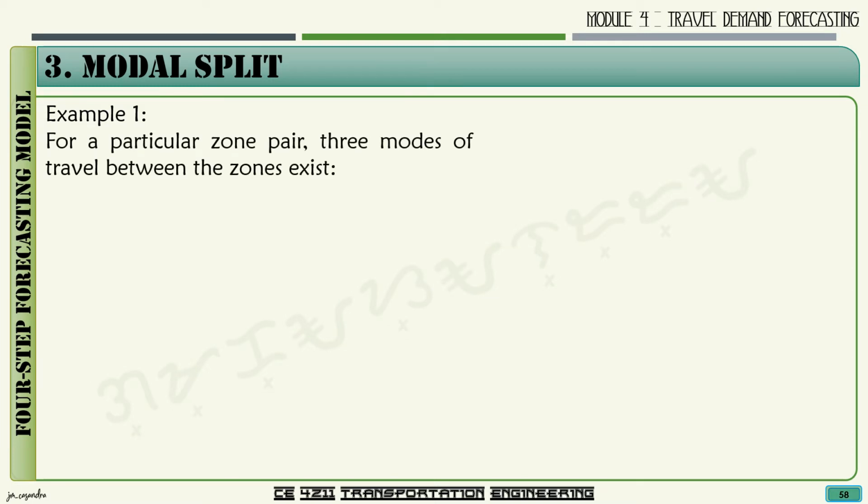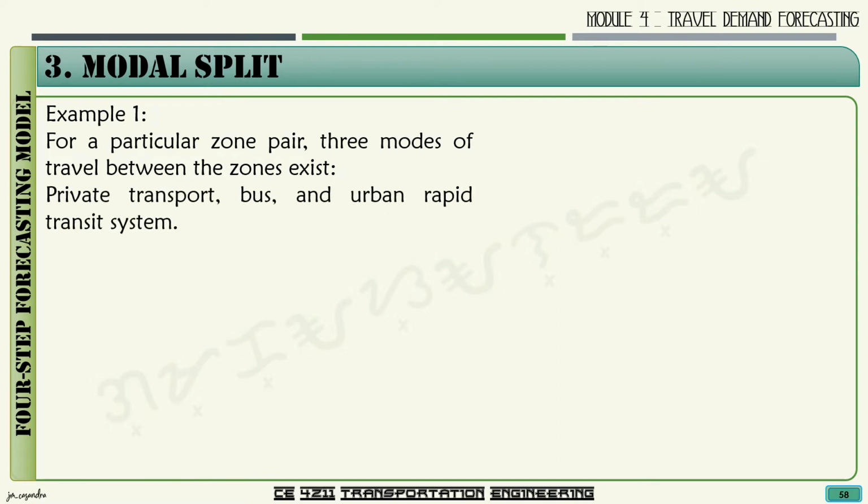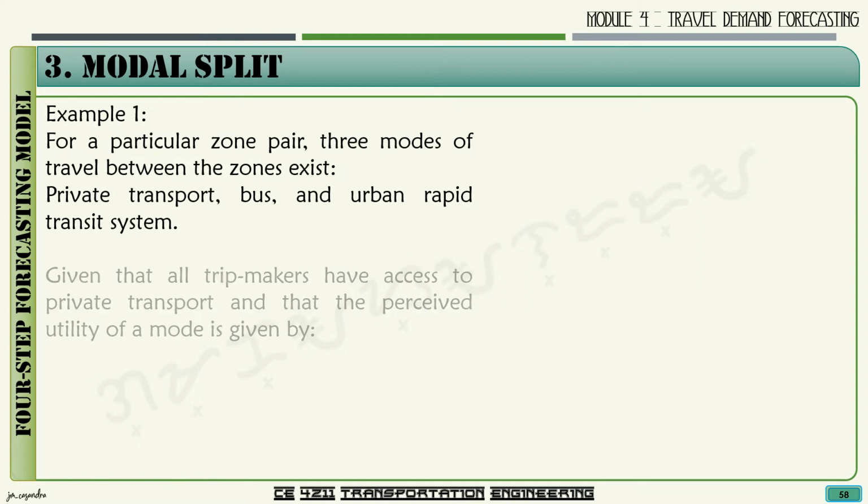For a particular zone pair, three modes of travel between the zones exist: the private transport, the bus, and an urban rapid transit system.